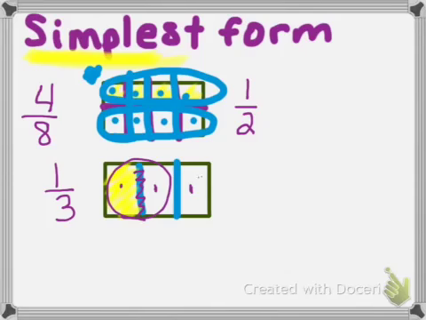If I took out this line, now this section would be really large compared to this one. So I cannot take this fraction and simplify it anymore. So 1/3 is in its simplest form.